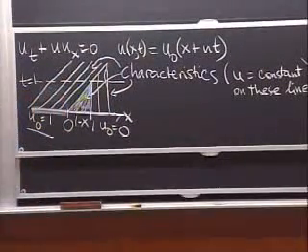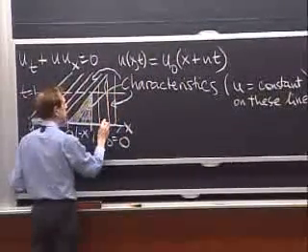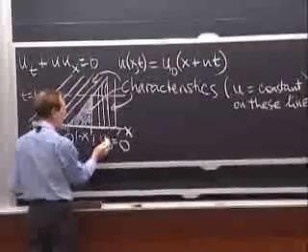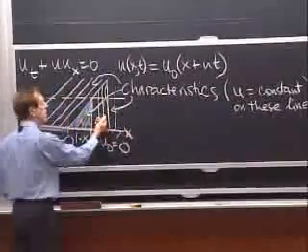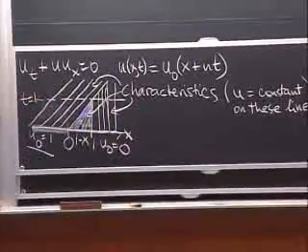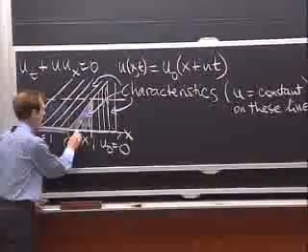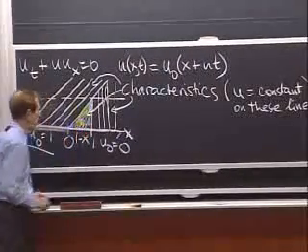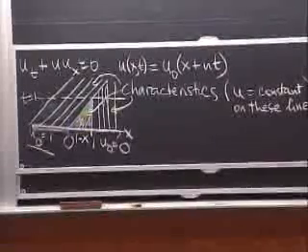Nothing's happening, right? When you think of a characteristic that's going straight up, it's just carrying the value of u without moving left or right, so u stays 0. So u will be 1 here, u will be 0 here, and now something's happening in here. And we have to figure out what it is.